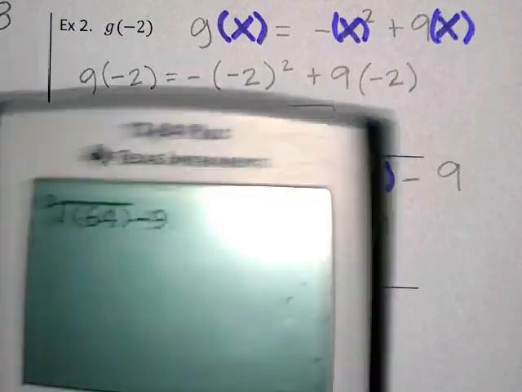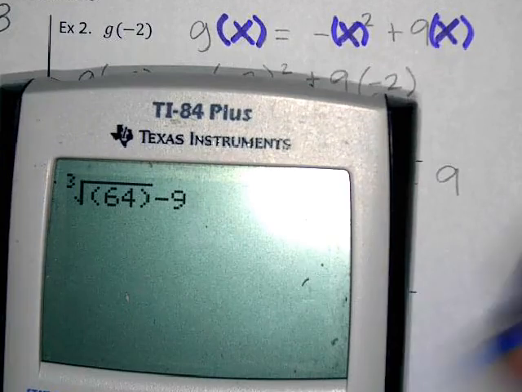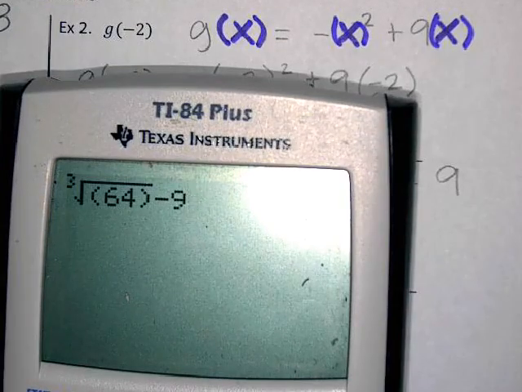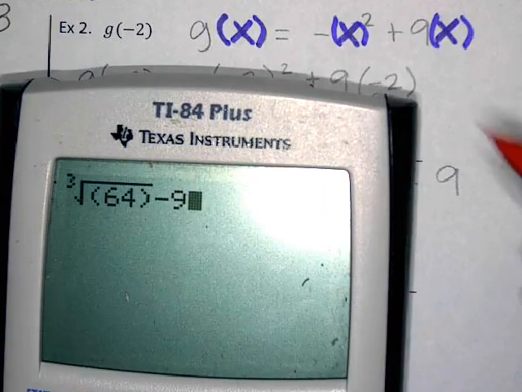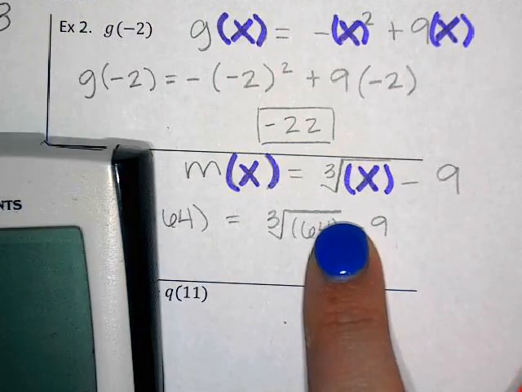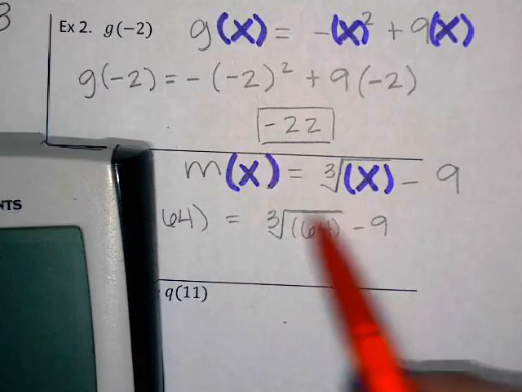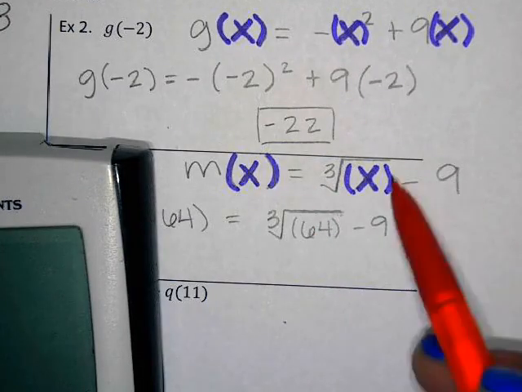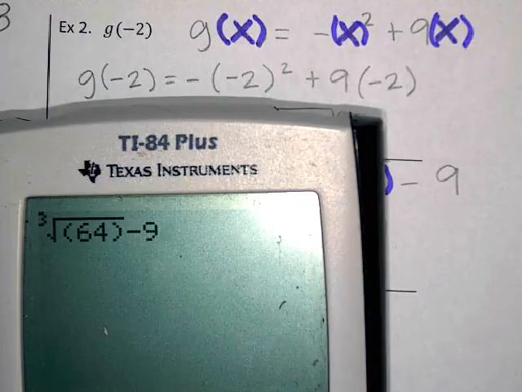Does your line go all the way across? It shouldn't, because if you look on your paper, see how your line doesn't go all the way across here? The 9 is not being subtracted underneath this cube root. You got to use your right arrow to get out from underneath the cube root. Answer should be -5.